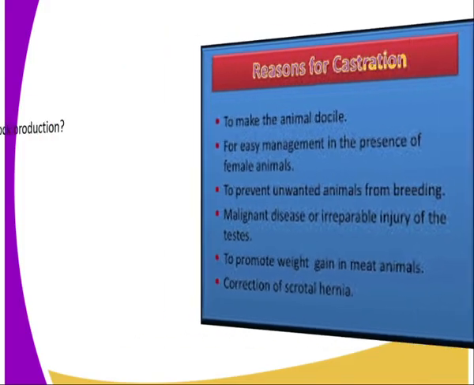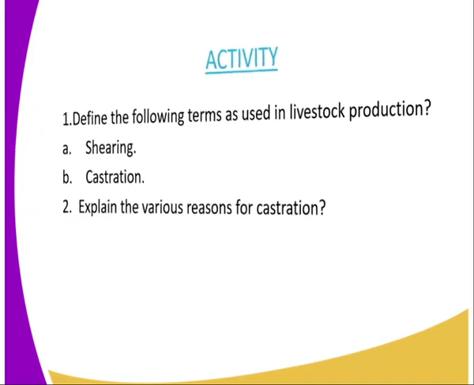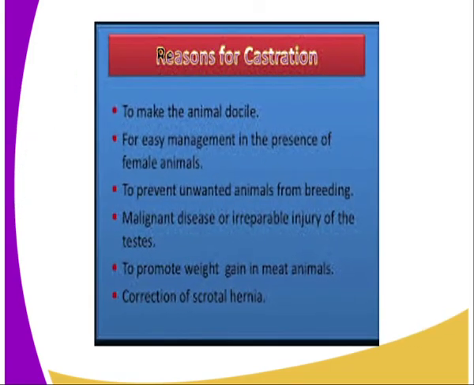For reference, we can go to the reasons why castration is done. It was omitted. The first reason is to make the male animal docile, and the second one is for easy management in the presence of female animals, and number 3, to prevent unwanted breeding, and number 4, to control malignant diseases or irreparable injury of the testes.